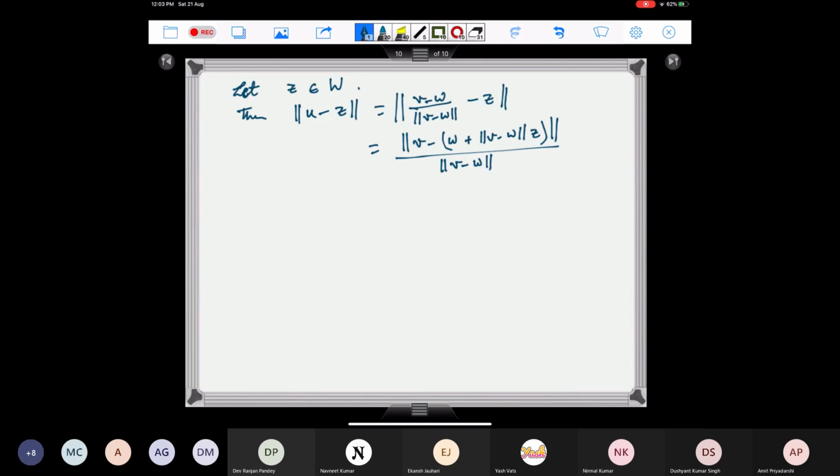Now note that w is a vector in capital W and z also we have taken in W. So this whole thing belongs to W. So we have norm of v minus a vector in W, divided by norm of v minus w.